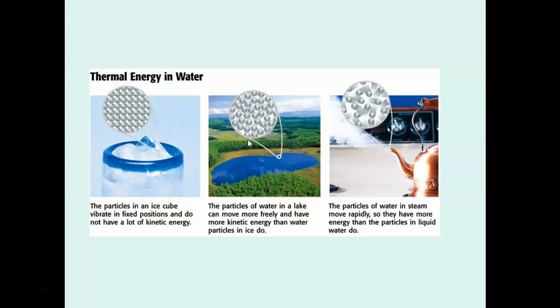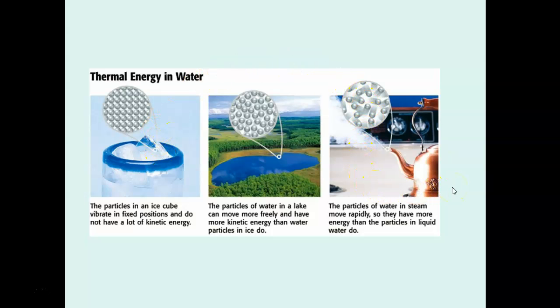So the movement of those particles allows the temperature to increase slightly. Therefore, this lake is not ice any longer. It is now water. These particles are moving, their temperature is increasing, making this water, versus these particles that are not moving very much. They're closely bound, so their temperature is lower, causing them to be a solid as an ice cube.